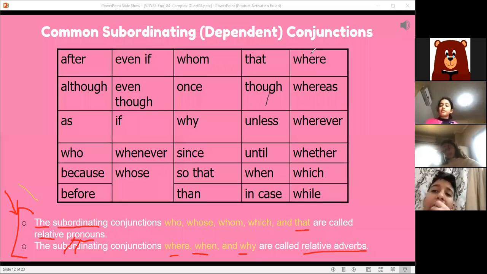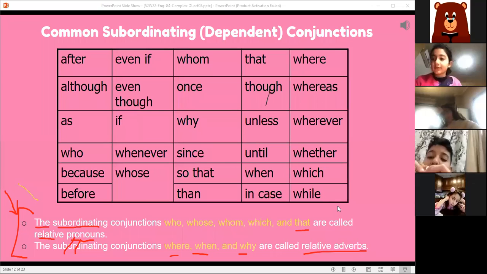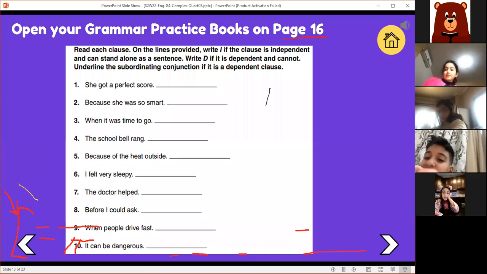I can't see the rest. Okay, no problem. Wait. Okay, now I can. Relative adverbs. Okay. So now we're going.